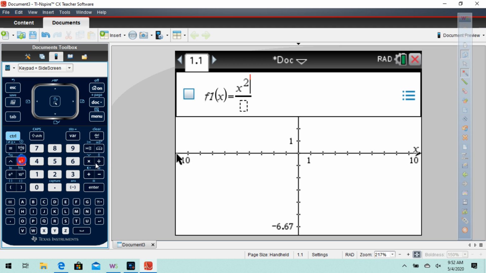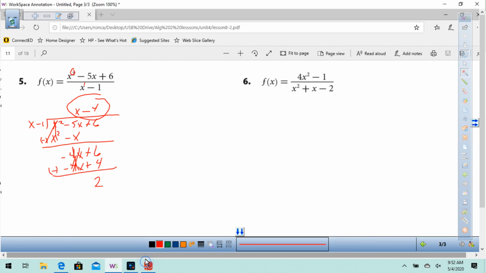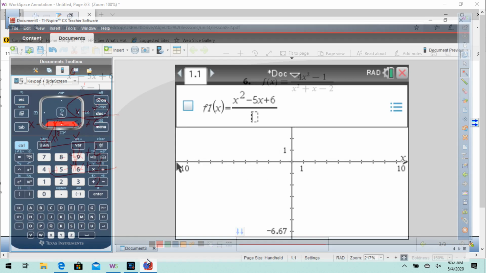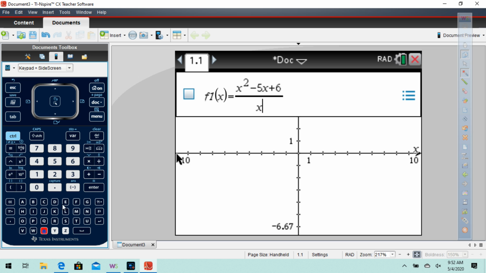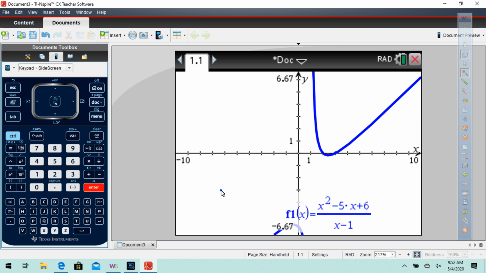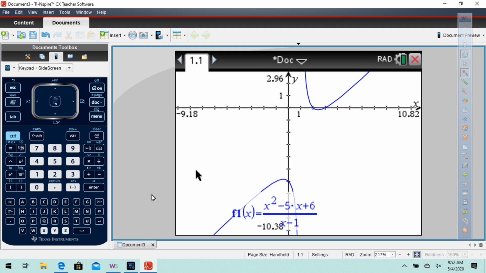And then in the denominator, we got x minus 1. Oh, look at here. This is different. Okay, this is very different. You have something called a slant asymptote here, okay? It does not touch this.